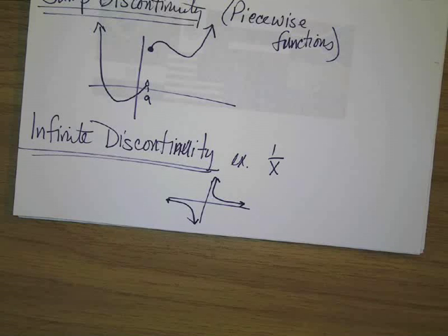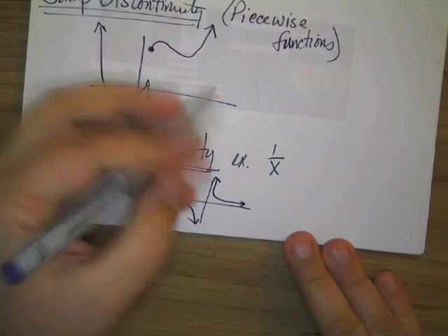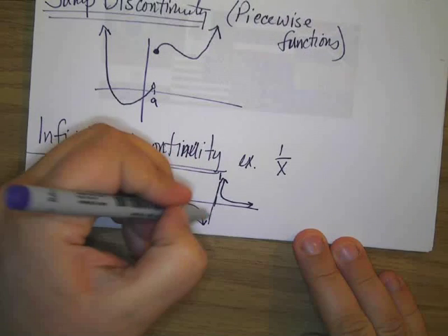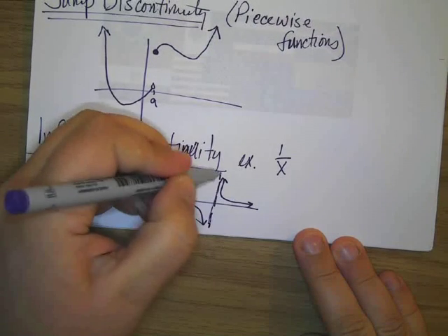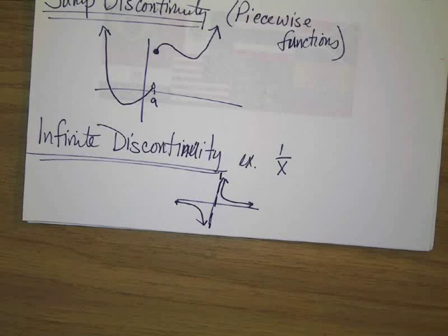It doesn't matter how much stuff you try to put in there, you're not going to fill it. There's a big gap. Usually we're talking about asymptotes at that point. So would the domain be... yep. So those are the types of discontinuities.